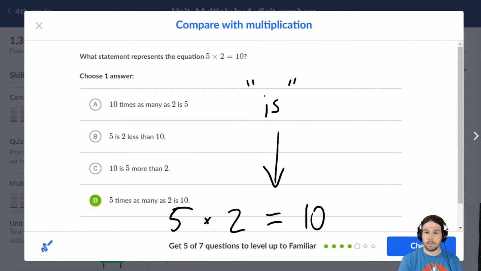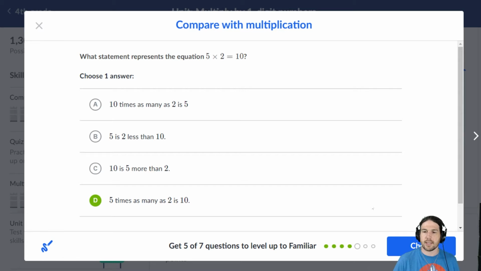On the other hand, as somebody who speaks English and feels like this is an awkward sentence, I would probably structure it by saying 10 is 5 times as many as 2, or 10 is twice as many as 5, right? I would probably start with the product and then list the things that you multiply to make it. But it doesn't make that any less correct. It is technically correct, the best kind of correct.